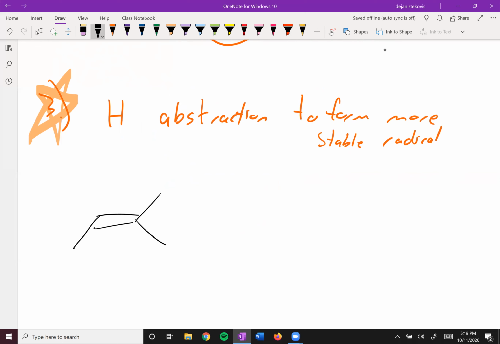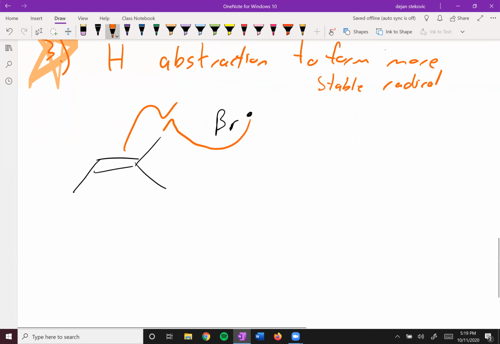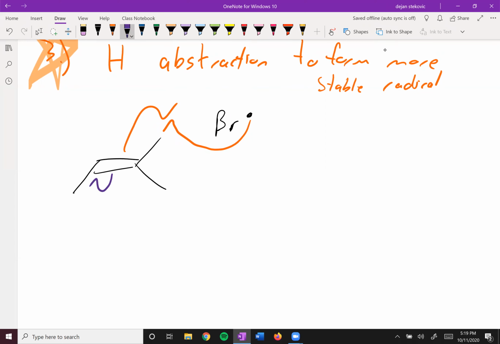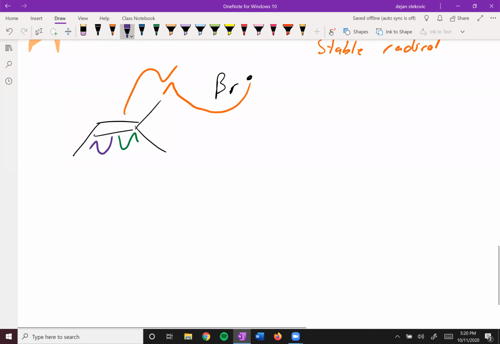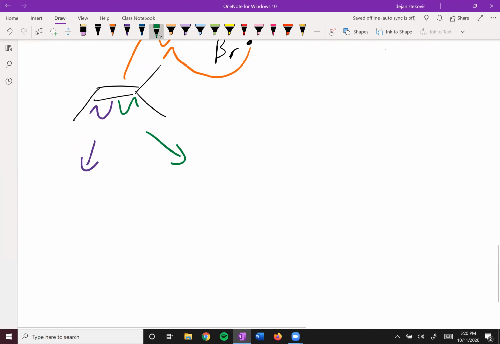So we have our alkene here, we have our radical bromine, and it's going to interact with this double bond to form a bond with it. And so now the question is, we can go one of two ways. This other electron can go this purple route or this green route. It can go on one of these carbons. So let's think about these two products. On the one side, we'll have going purple. On the other side, we'll have going green.